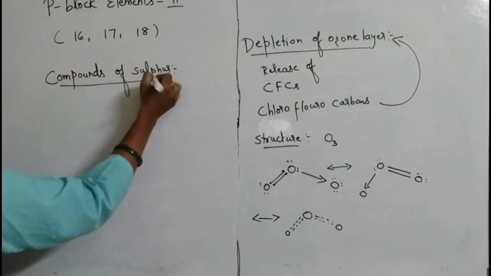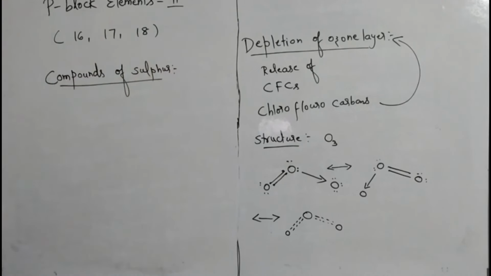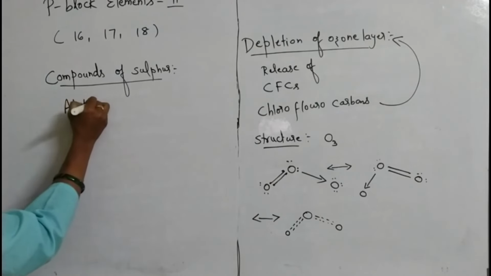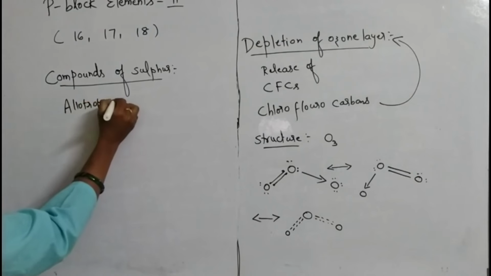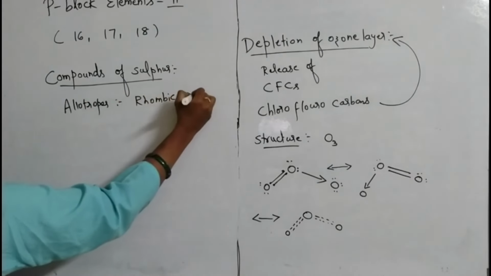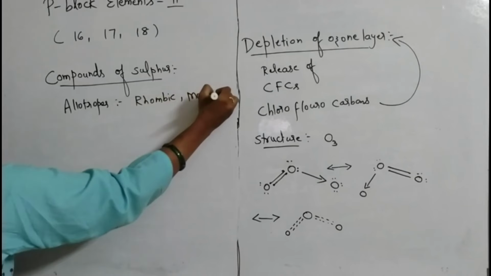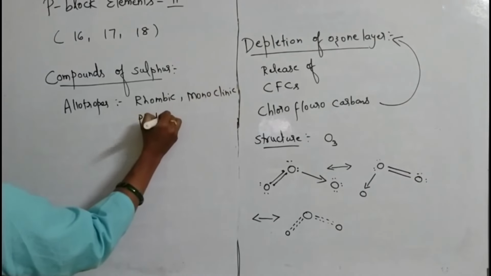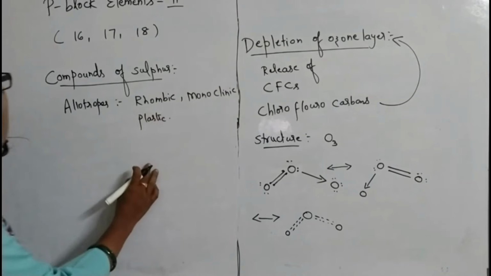If you go for compounds of sulfur, sulfur exhibits allotropic forms like rhombic, monoclinic and plastic sulfur. 3 types of allotropic forms are there for sulfur.